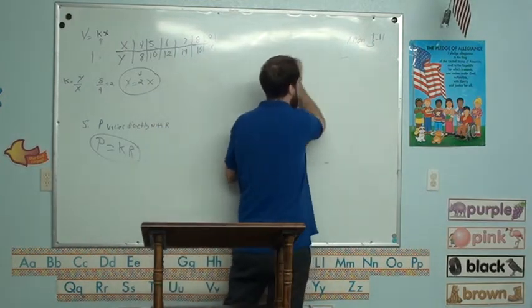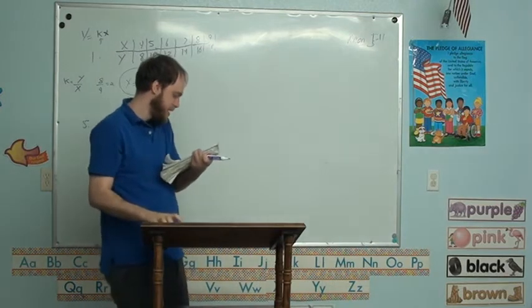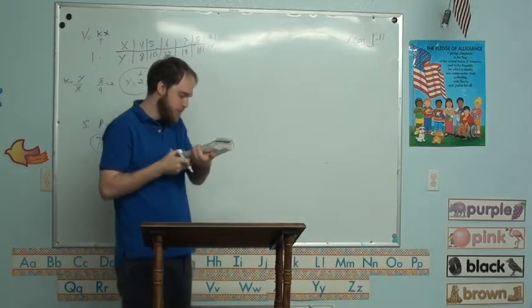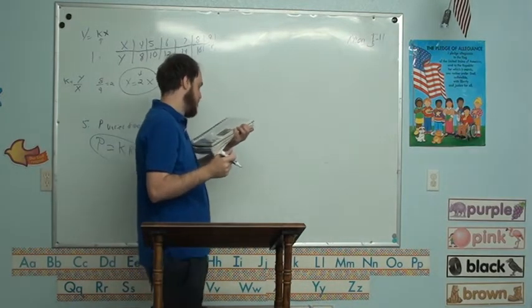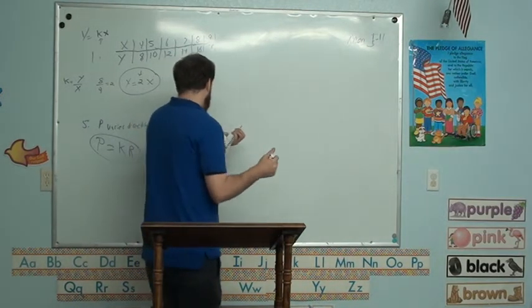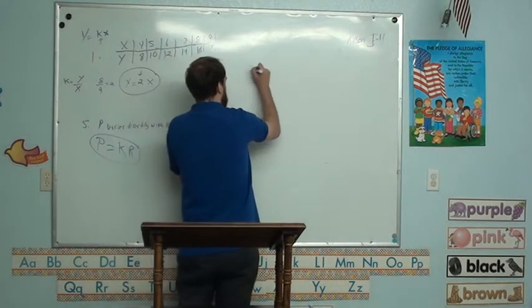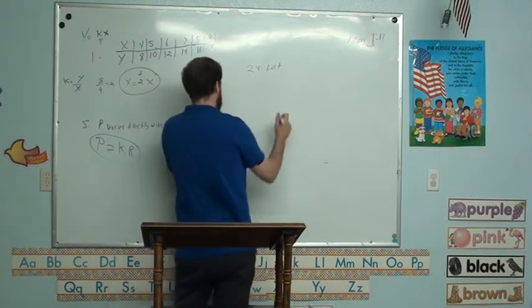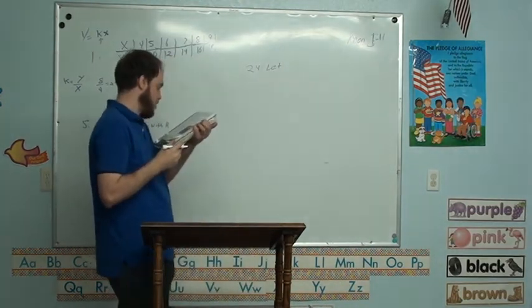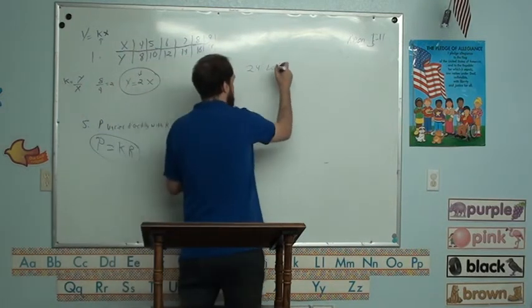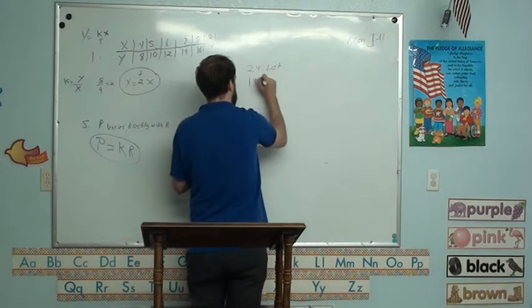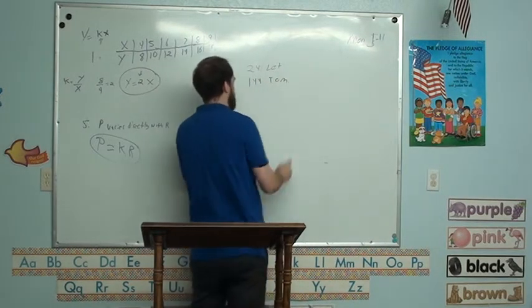So last problem I'll do is 15. So 15 says at Fred's Farmer's Mart, the number of tomatoes varies directly with the number of heads of lettuce. When there were 24 heads of lettuce, there were 144 tomatoes.